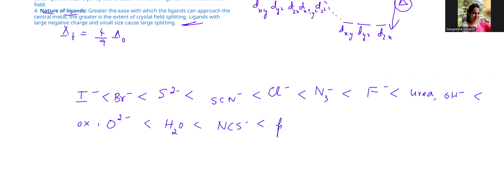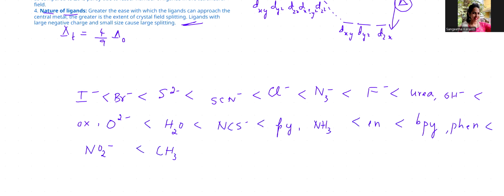so whatever the arrangement of these ligands is, it is based on how they split the d orbitals when they are present in a particular coordination compound. Okay, so this is just an arrangement which is called the spectrochemical series, an arrangement of ligands based on the extent to which they can cause the splitting of the d orbitals.